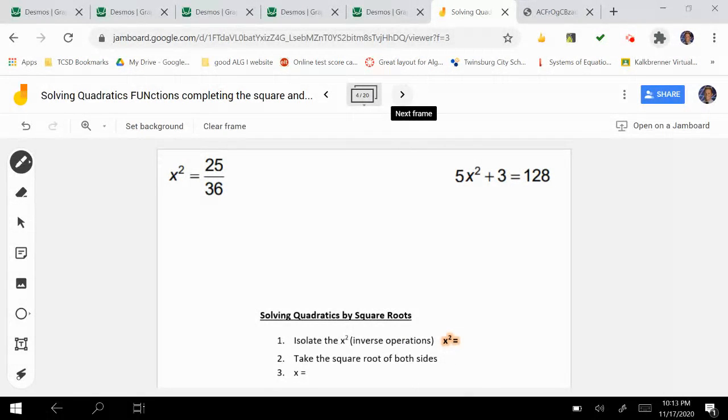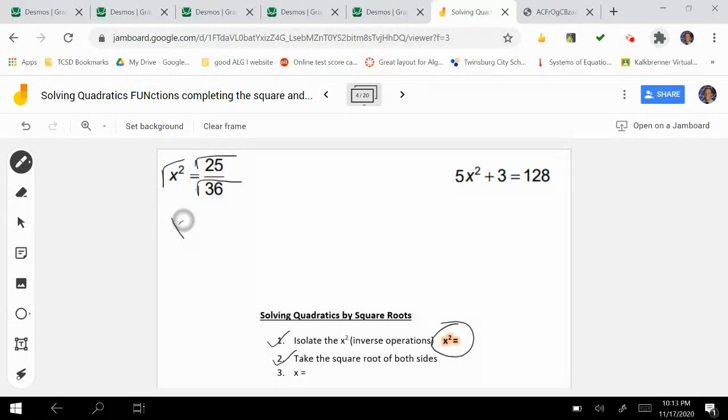Here, the dreaded F word, the fraction. 25 divided by 36, right? So here, isolate, get the x squared by itself. Does the left side say x squared equals? It does. So what do we do? Step 2, take the square roots of both sides. So if I square root this side and I square root this and this, what do I get?